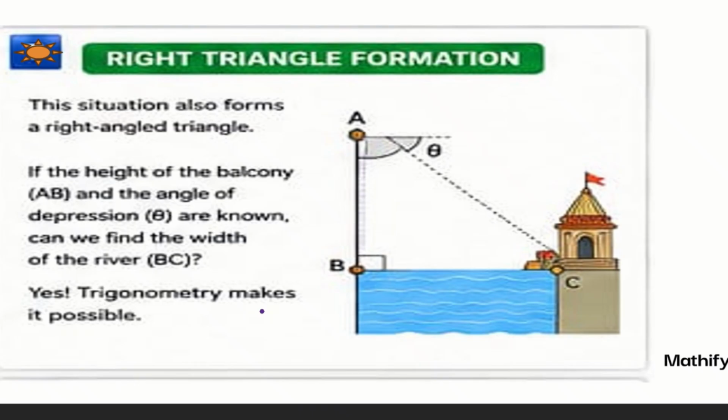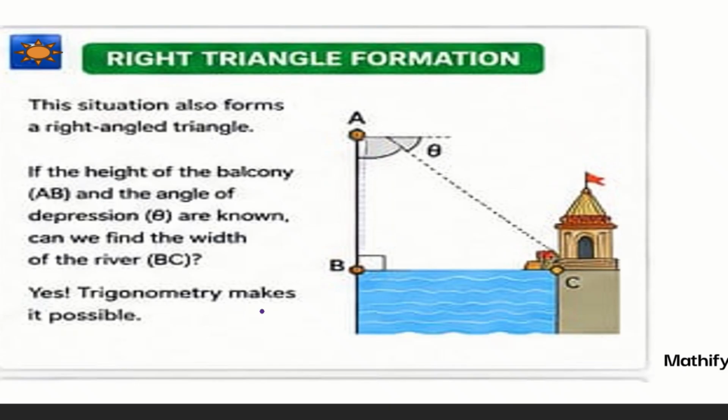Yes, by forming a right angle triangle. Here you can see she is standing here and the stairs are here. So with the balcony and the width, ABC is forming a right angle triangle. If the height of the balcony AB and the angle of depression are known, what is the angle of depression?